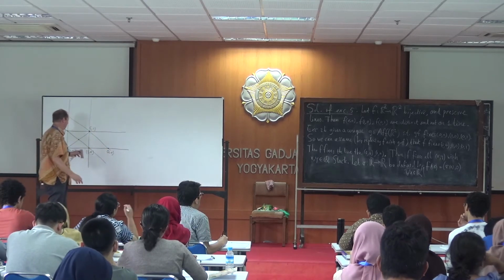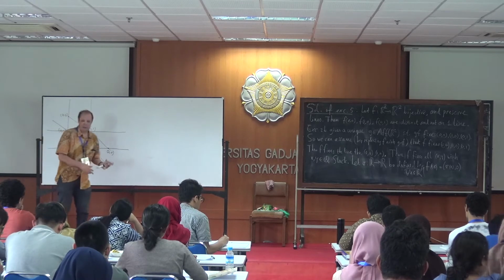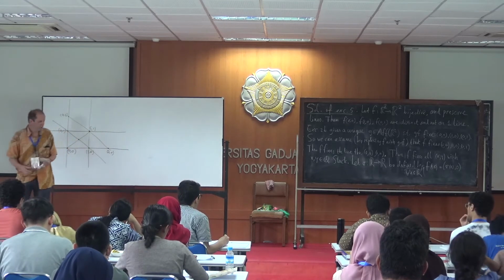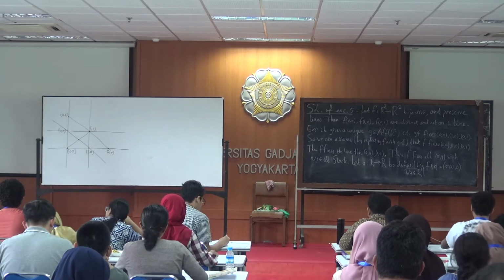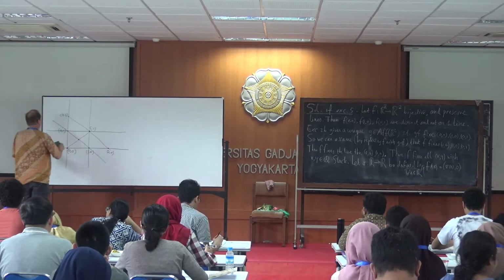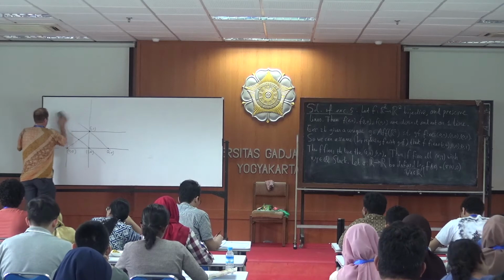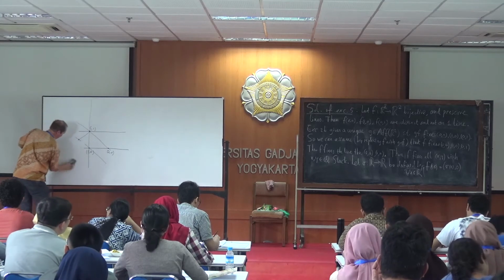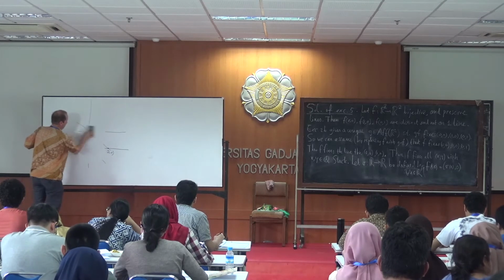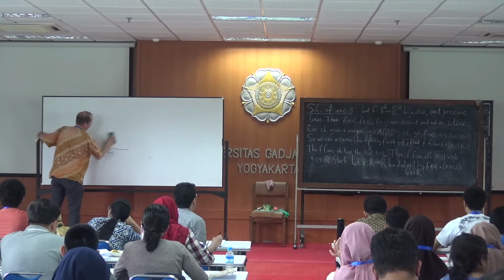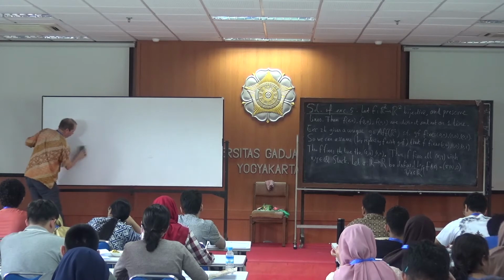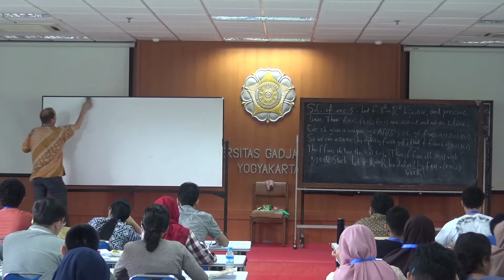So if I have an x, 0 on that line, it should go to another point on that line. Now I want to erase this. And that gives me a map from R to R that I call sigma. And we have to prove that this sigma is the identity map.